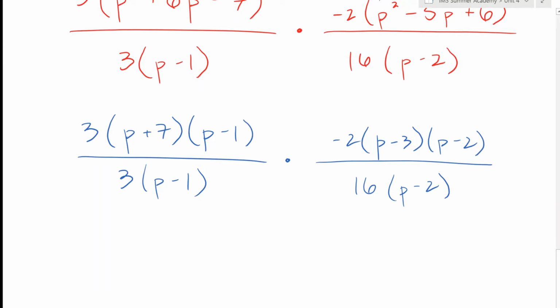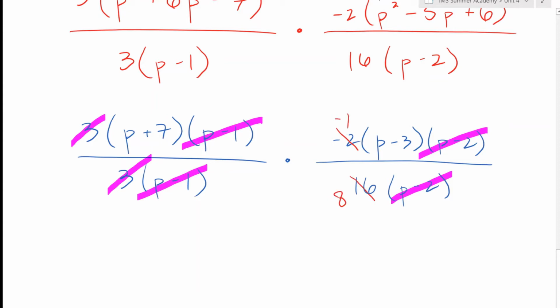Now we've done all this factoring, and it's really satisfying to see everything that cancels. P minus 1, p minus 1, p minus 2, p minus 2, this 3 and this 3. The negative 2 and the 16 simplify by 2, so that's a negative 1 and that's an 8.